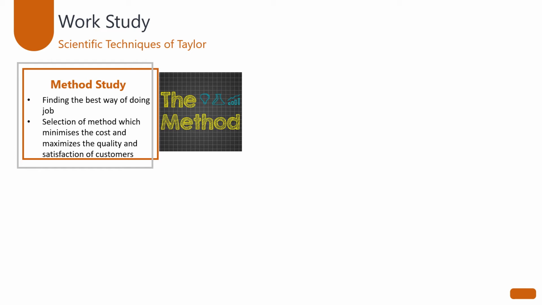To explain this, I have an example. A production unit of shoes is looking to expand. So it has two options. It can go for a labor intensive technique or a machine or capital intensive technique. So which method is better? They have to find out using the method study technique.